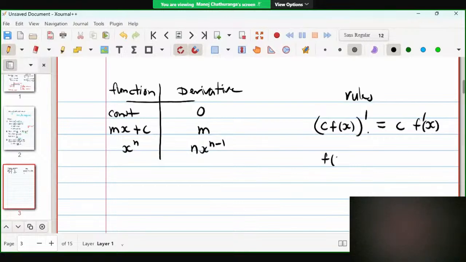Then to differentiate the summation, you differentiate the individual components and add them. So with these 3 derivatives and these 2 rules alone, we can differentiate a lot of other components.